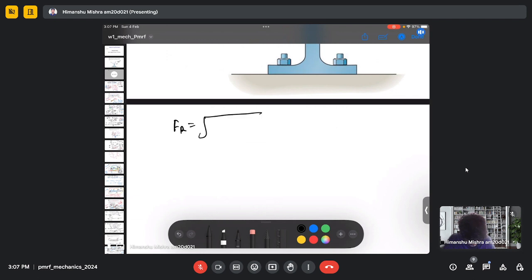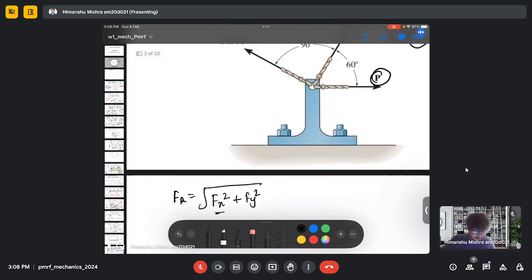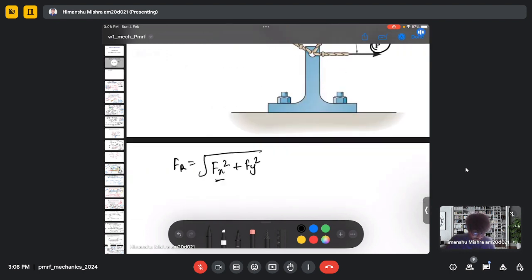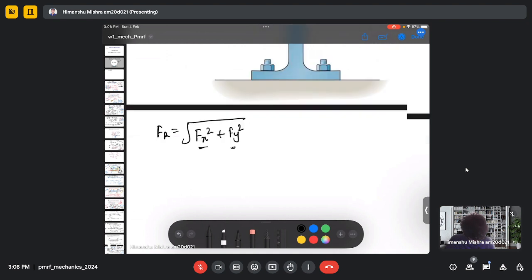The resultant force can be written as the square root of Fx squared plus Fy squared, where Fx is the horizontal component of the forces acting here, and Fy is the vertical component.